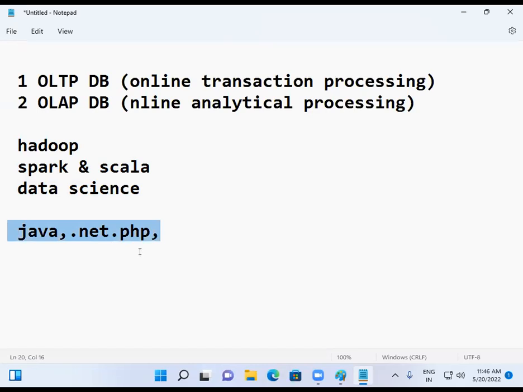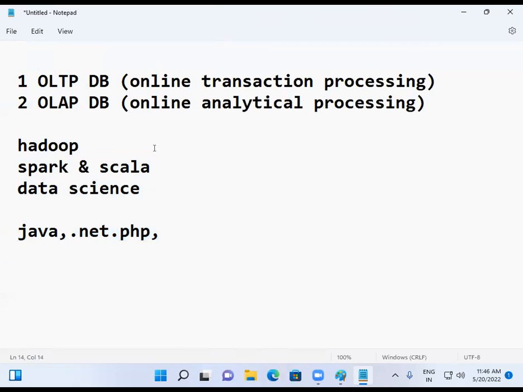By using Java, .NET, PHP, what type of applications do you develop? You develop OLTP applications. By using Hadoop, Spark, Scala, data science, which type of applications do you develop? OLAP, data analytics applications.